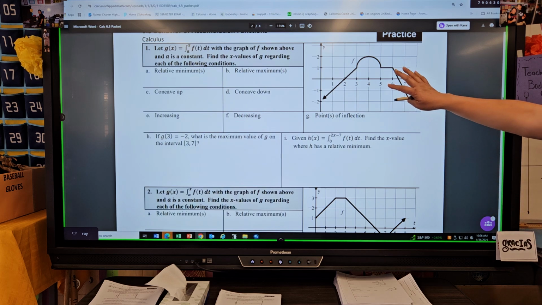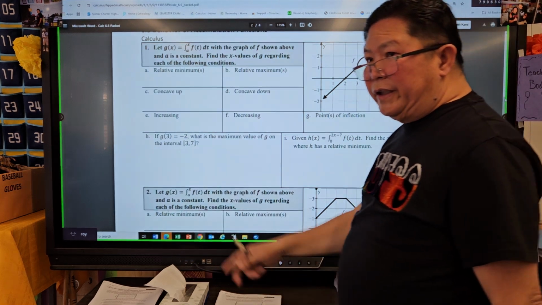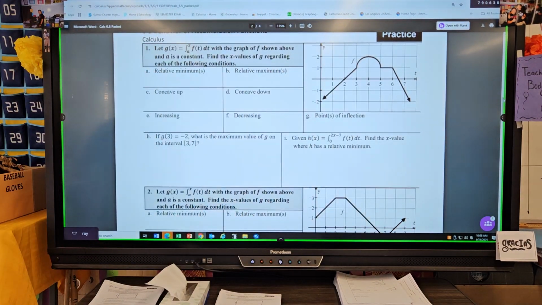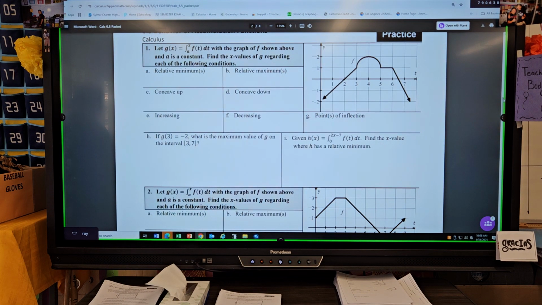So I'd like you to look at the graph first, and after that, you read the problem. Tanya, can you read the problem for me, please? Let g of x equal the limit of the integral from a to x of f(t) dt, with the graph of f shown above and a is a constant. Find the x values of g regarding each of the following conditions. Okay, thank you.